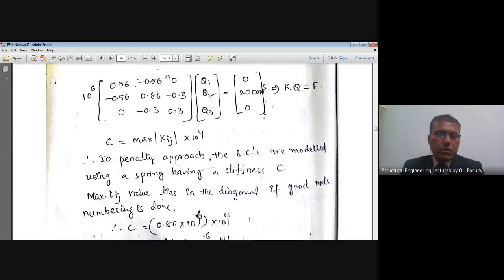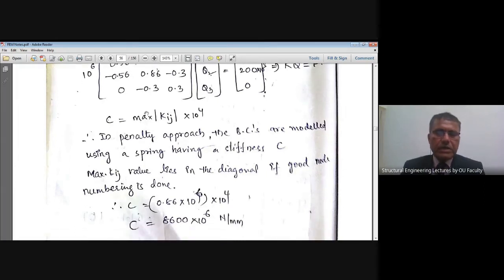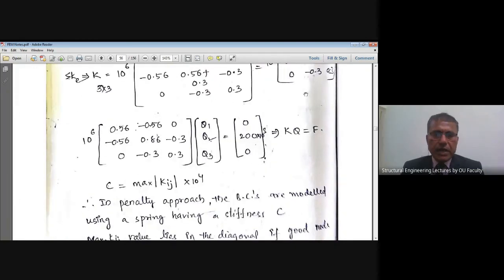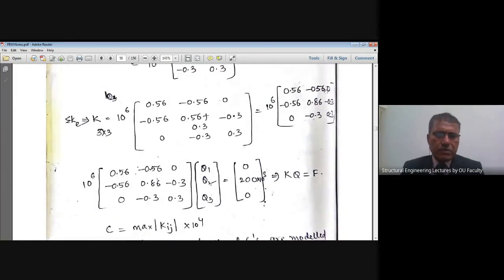How is that? First, I'll get the numeric value of the stiffness to be used when the degrees of freedom are specified, right? It is given by the maximum of any Kij. If you see here, the maximum Kij numeric value out of K11, K12, up to K33, is 0.86, students, multiplied by 10 to the power 6.